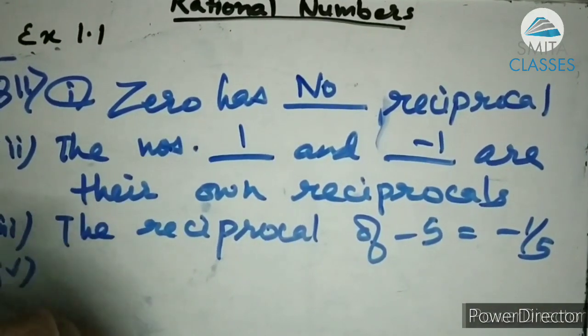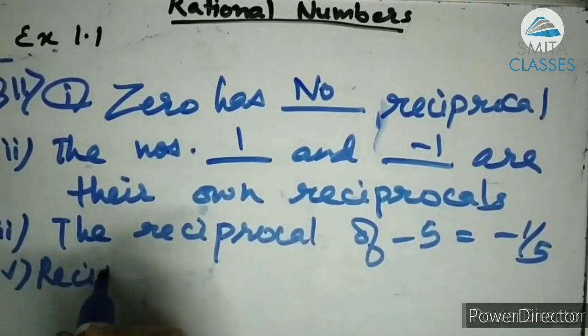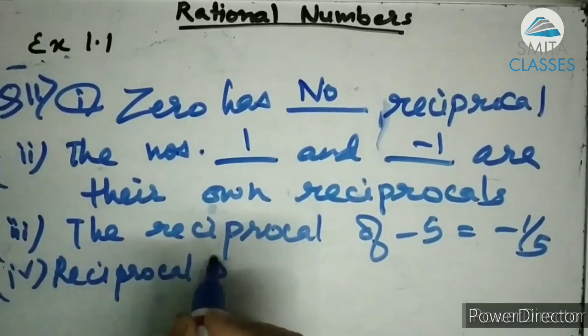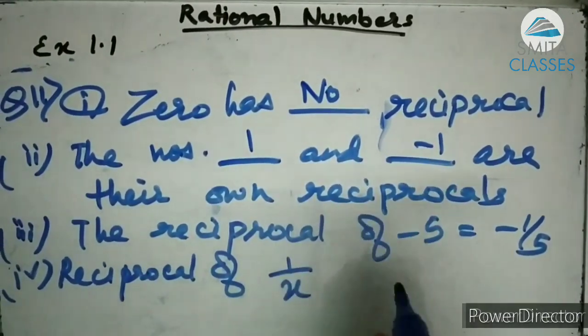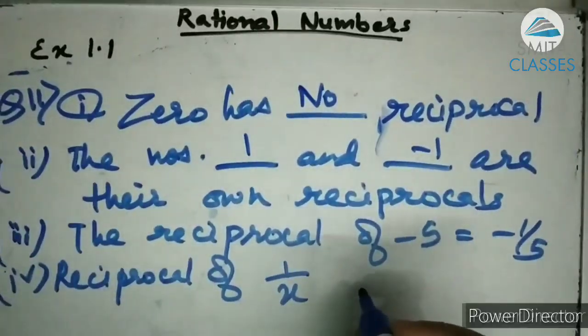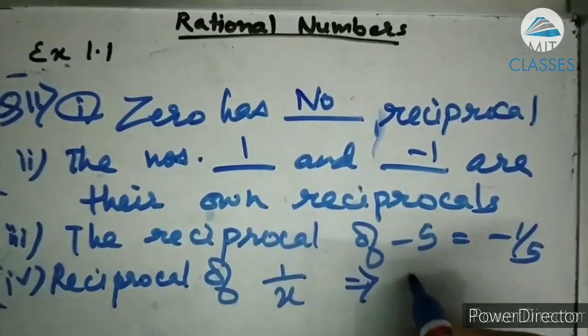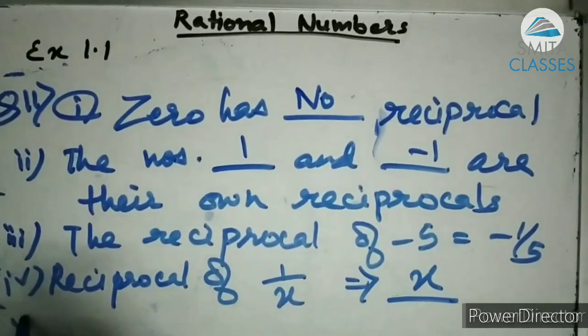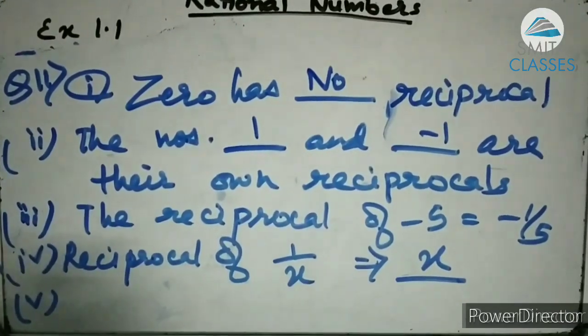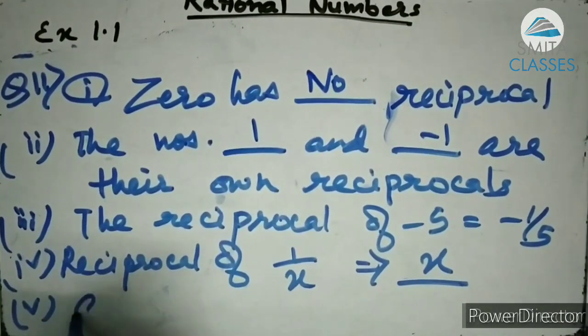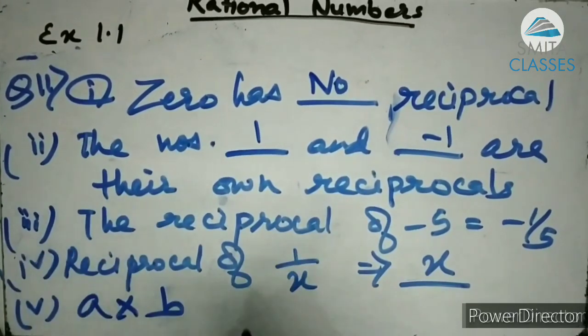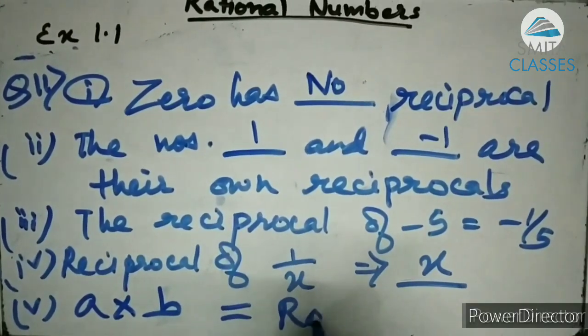The fourth question, reciprocal of 1 by x, where x is not 0. Where x is a non-zero number. So the reciprocal will be x. Fifth question, the product of two rational numbers. Suppose we have two rational numbers. Its product is also a rational number.